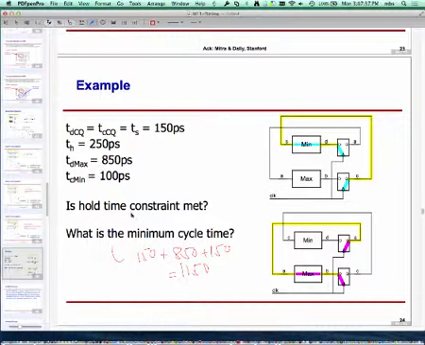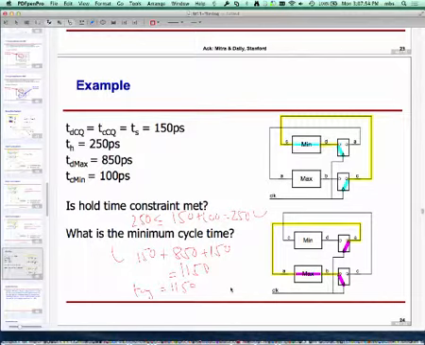And I have to make sure that 250 is less than or equal to 150 plus 100, which is 250. So this is met. And this is saying that TCY must be 1150 or slower. So the fastest clock that I can go is one with a period of 1150 picoseconds.